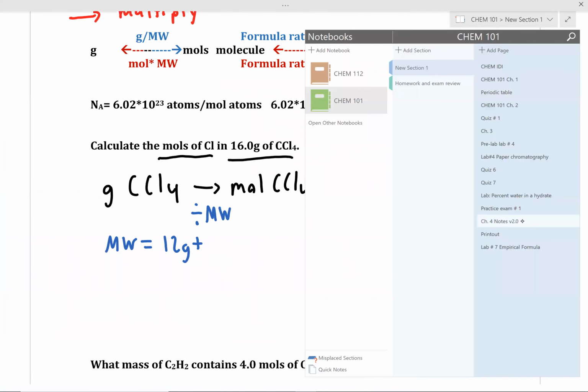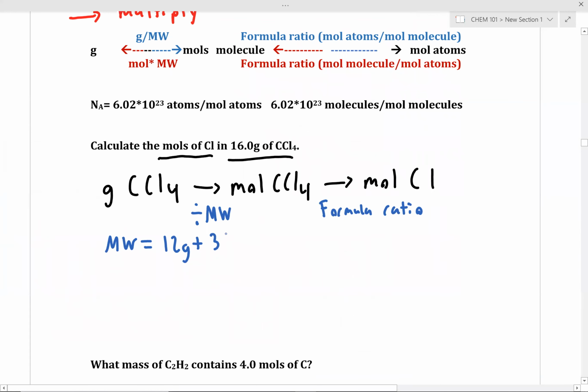So let's go back to our notes. So we have 35.5 grams, and we have how many chlorine atoms? 4. So that in turn gives us a molar mass of 154 grams per 1 mole of CCl4, or carbon tetrachloride.